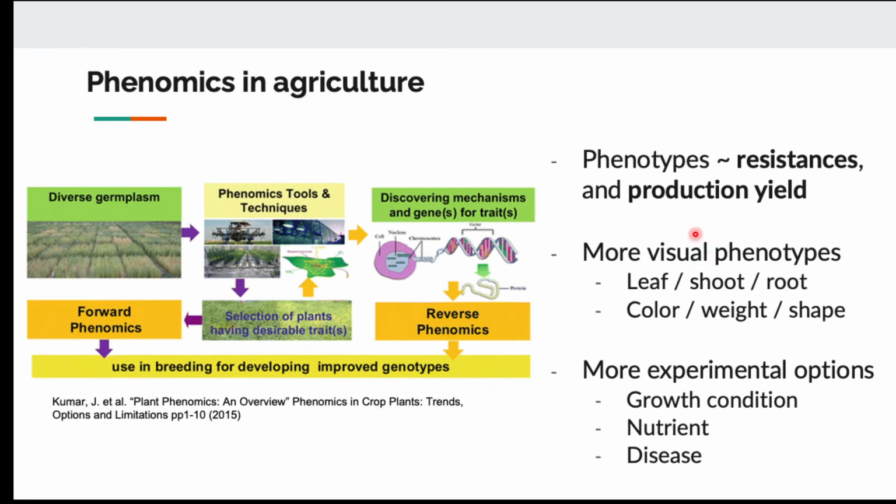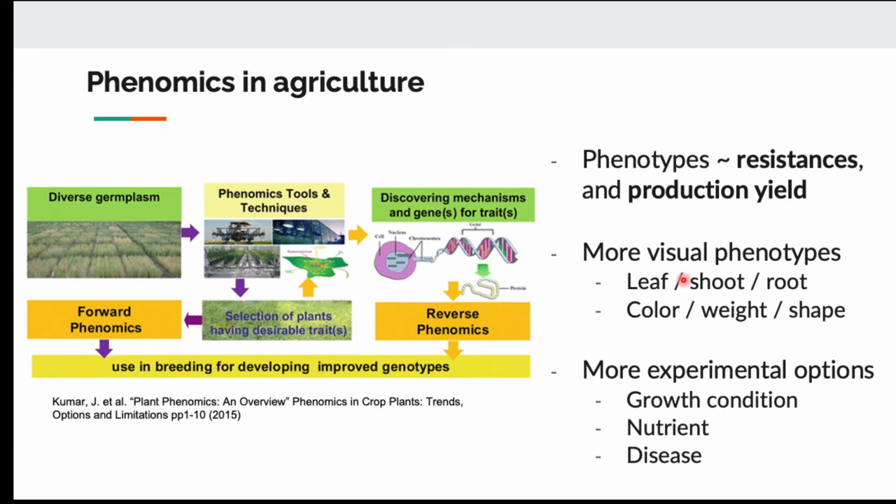And for plants, because they are stationary, and we can grow them in larger numbers, we can rely on visual-based phenotypes as well, like the color, the shape, or the weight of the plant, and different parts of the plant as well. The leaves display different phenotypes.